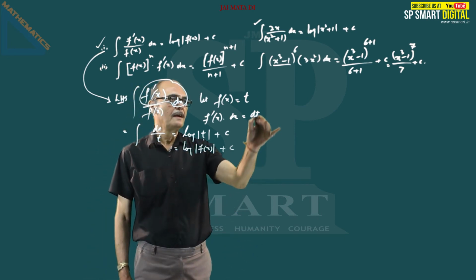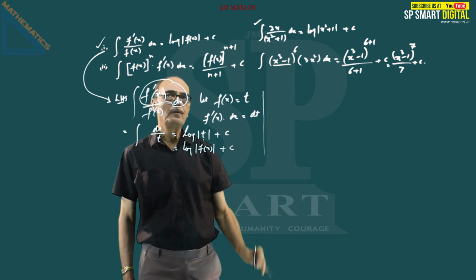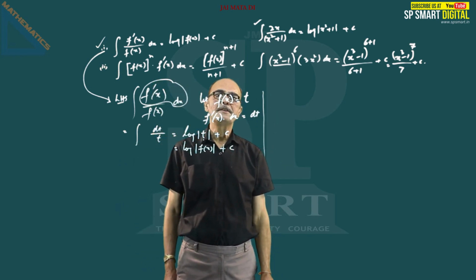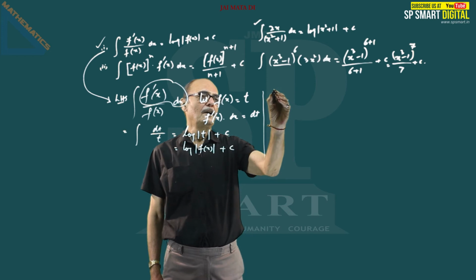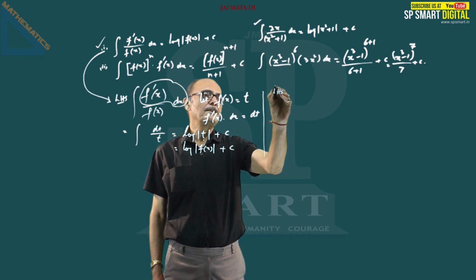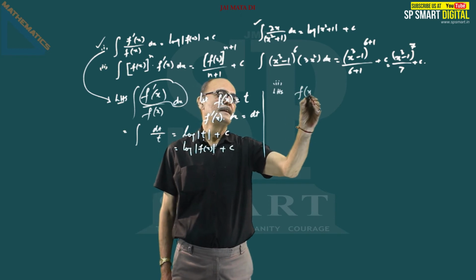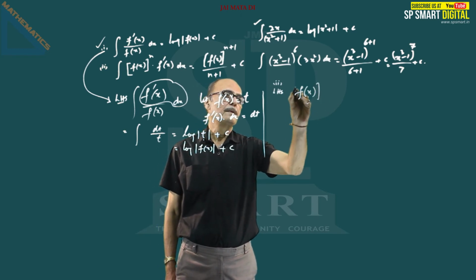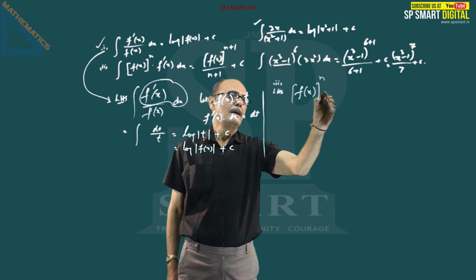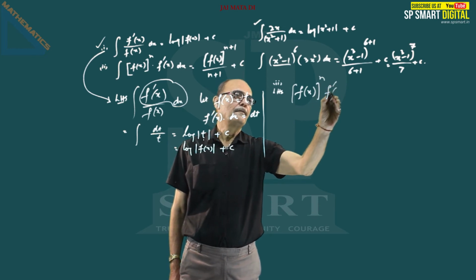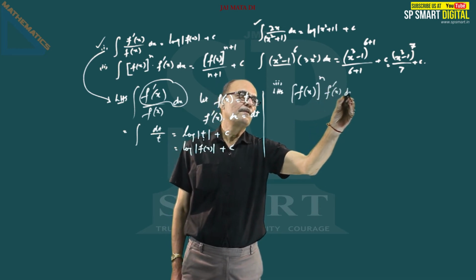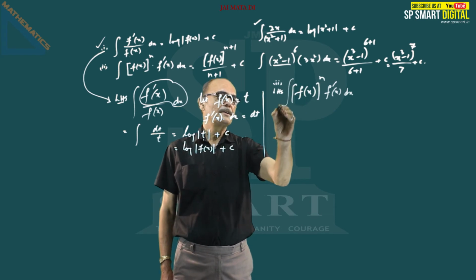Likewise, for proving the second result, we take the left hand side of the second result. This is integral of f of x whole raised to power n, f dash x dx.